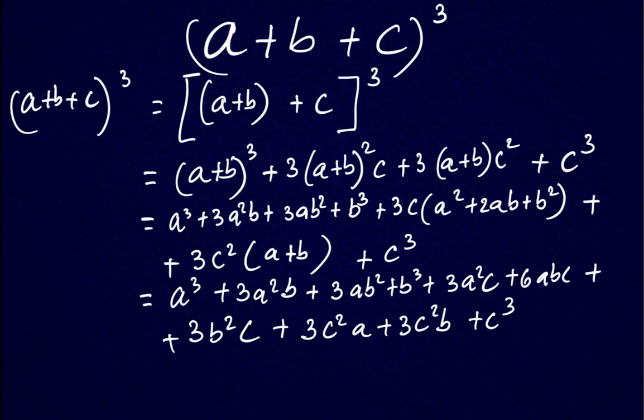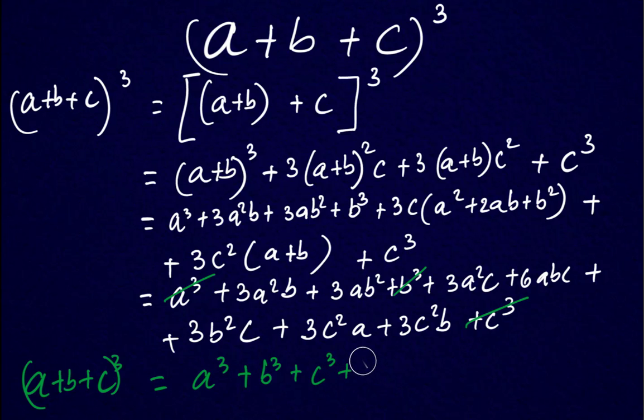If you look at the cubes, you will see that (a + b + c) cubed is just equal to a cubed plus b cubed plus c cubed, plus now the a squared, 3a squared b plus 3a squared c.